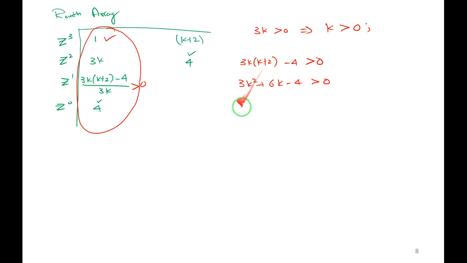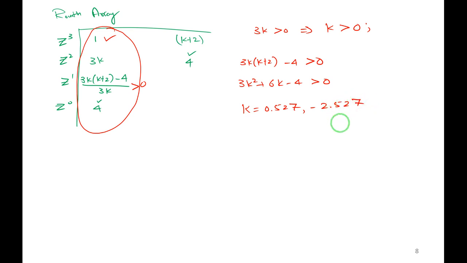So the k values I am getting here are 0.527 and another value, minus 2.527.